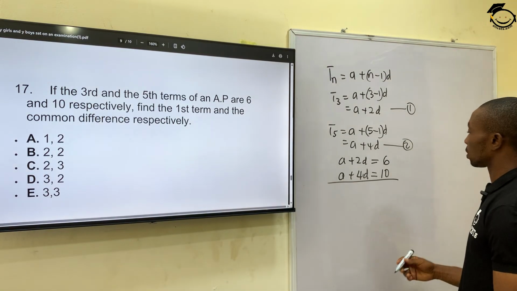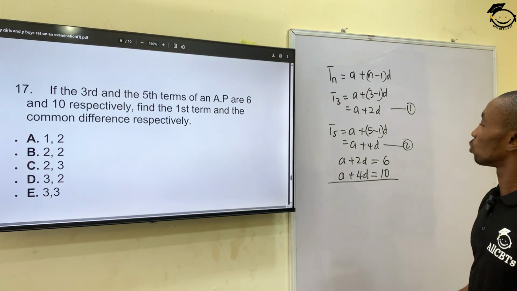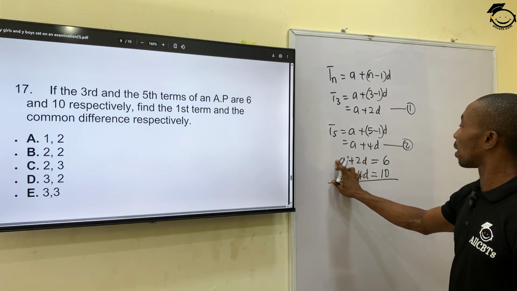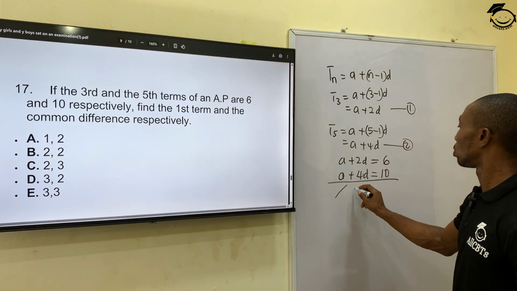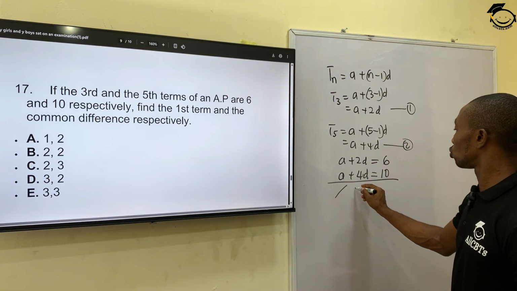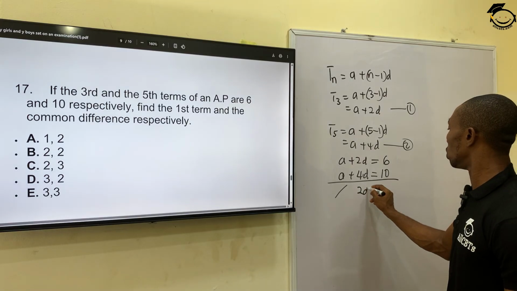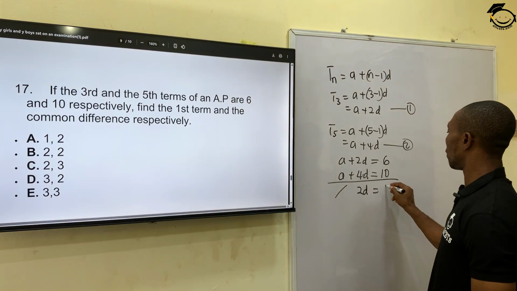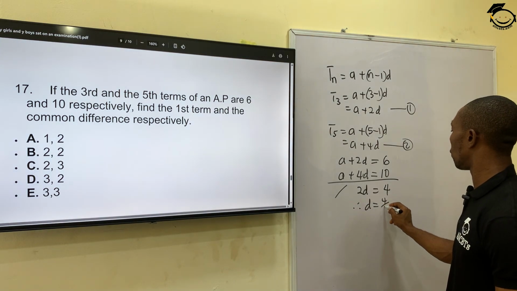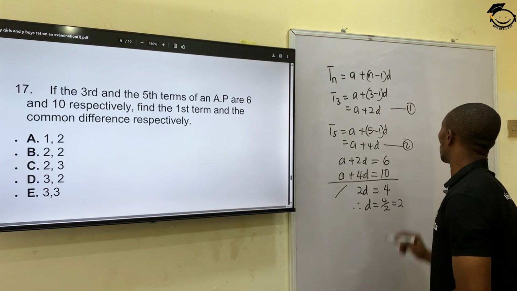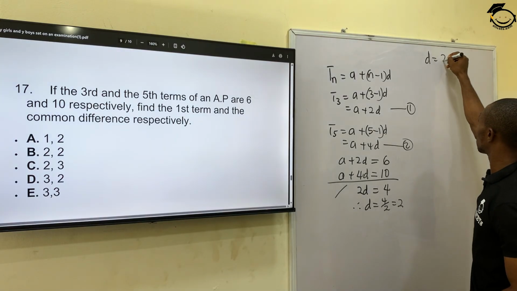Now, we can solve this simultaneously. Subtracting equation 1 from equation 2, a minus a will cancel out. 4 minus 2 will give us 2d, and 10 minus 6 will give us 4. So therefore, d equals 4 over 2, which is 2. So our common difference, d, is 2.